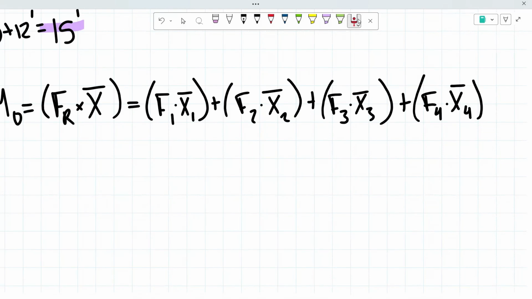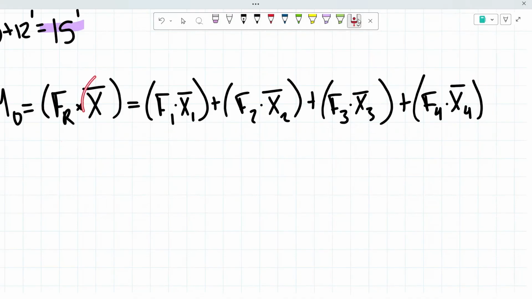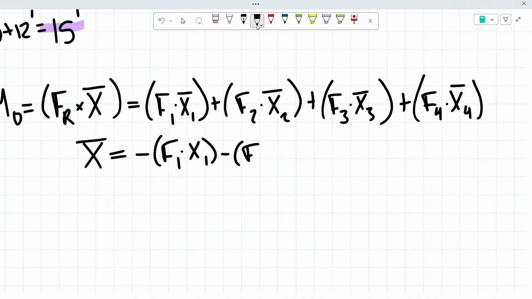So now that we have that, since these two are equal to each other, we're going to be rewriting it in terms of just the location of our resultant force.